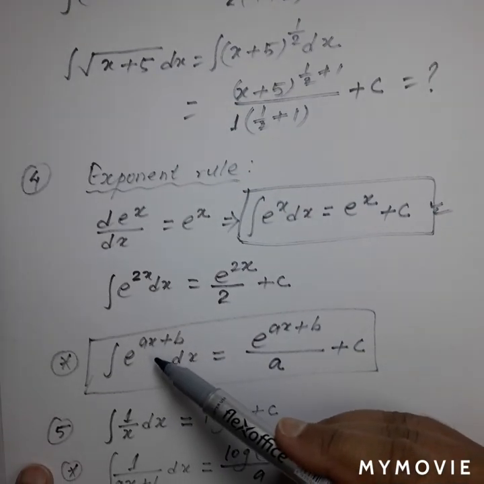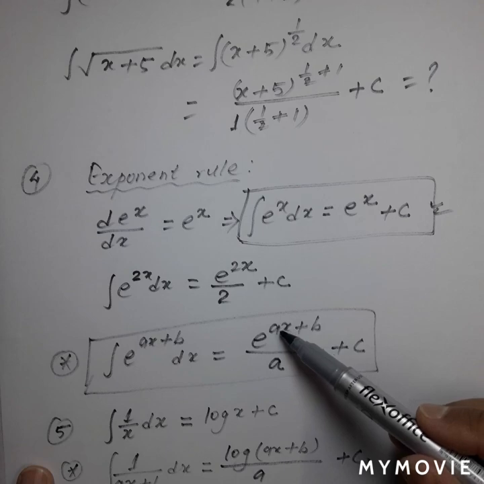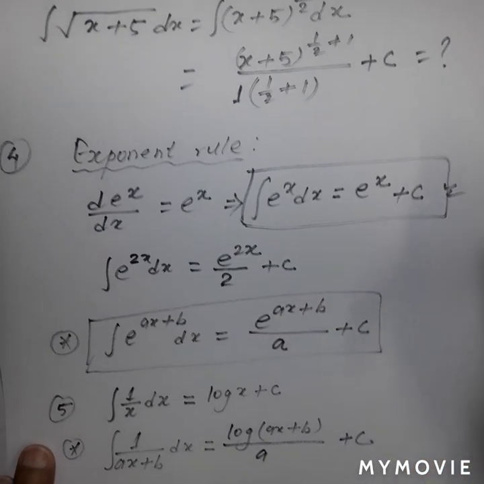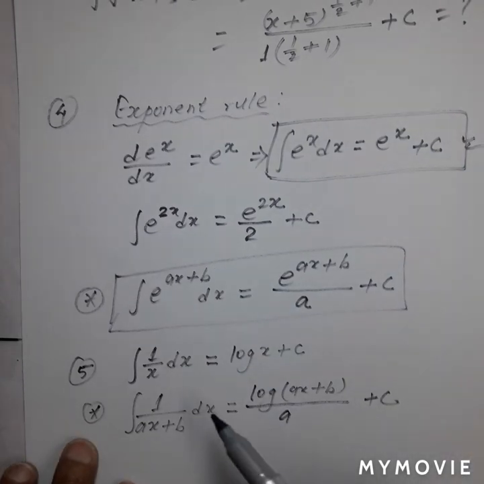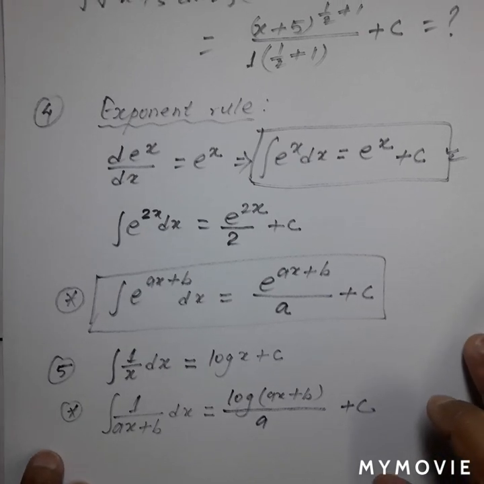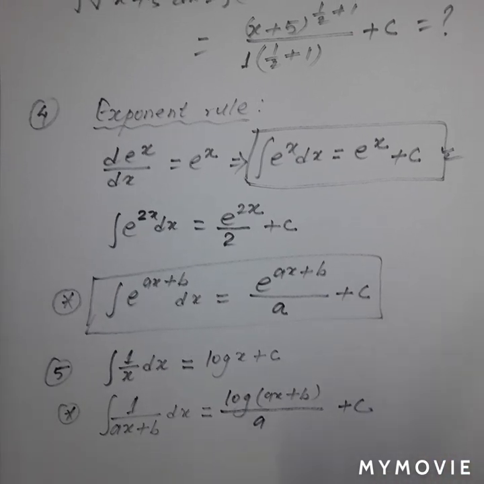Similarly, in exponential form, the coefficient of x is a, that's why we divided by a. In logarithm also, we divide by the coefficient. So this is very important and easy to remember. In this way we read some formulas. Now we use these formulas to do some important questions.